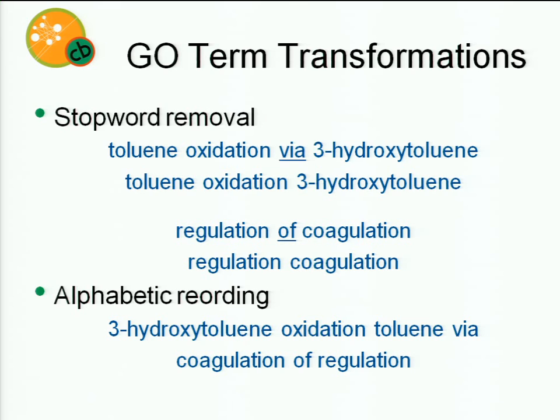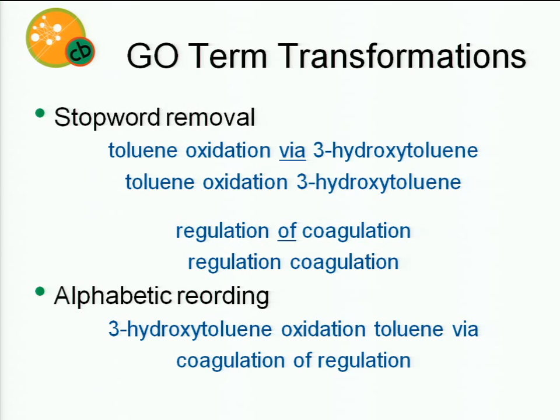The second transformation that we performed was stopword removal. Stopwords is an information retrieval concept which basically says words which carry very little semantics are there, if you will, as syntactic sugar to indicate the structure of a phrase. There are high-frequency words in English, words like the and of and via.